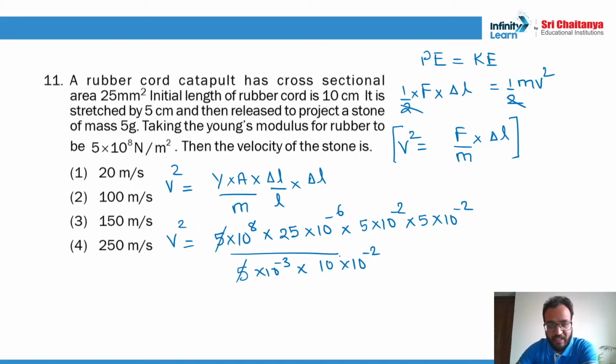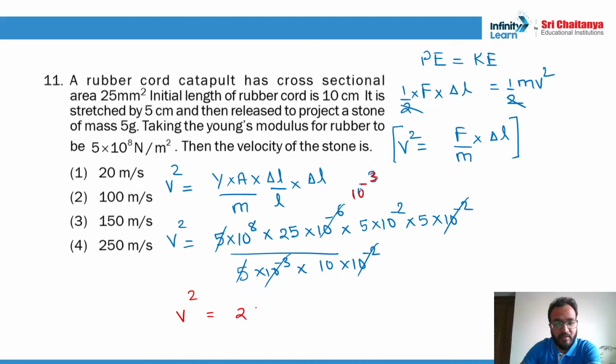5 and 5 get cancelled. 10 to the power minus 2 and 10 to the power minus 2 get cancelled. Now 10 to the power minus 3 gets cancelled and becomes 10 to the power minus 3. So 10 to the power minus 6, 8, 14. Wait a second.